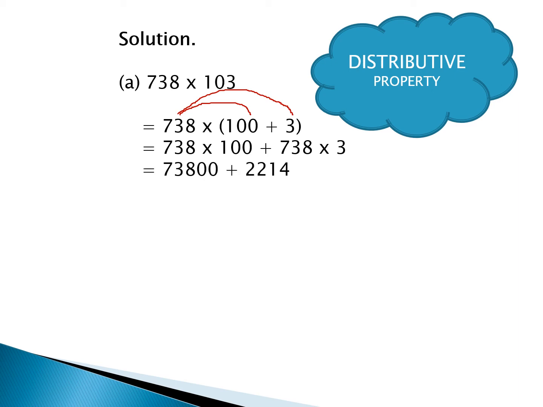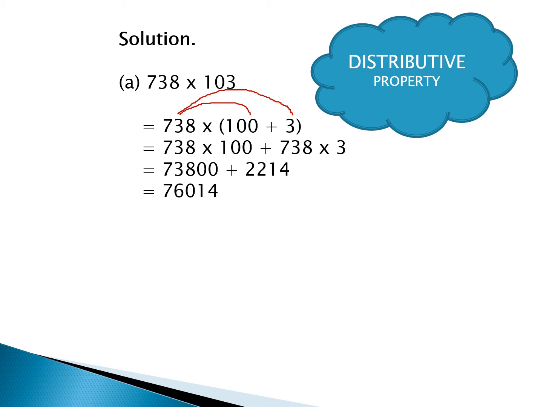Now first we will multiply 738 by 100. So we will get 73,800. Then addition sign. Then we will multiply 738 by 3. Then we will get 2,214. Now we have to add these two terms to get our final answer, which is 76,014. I hope this question is clear.